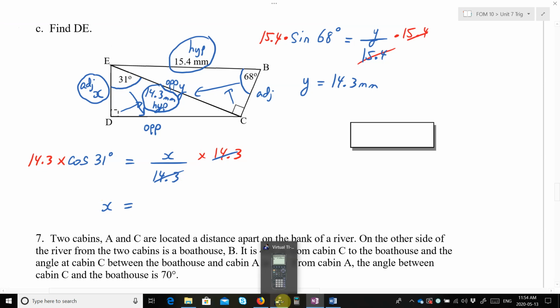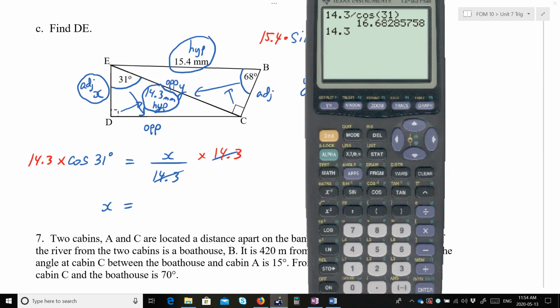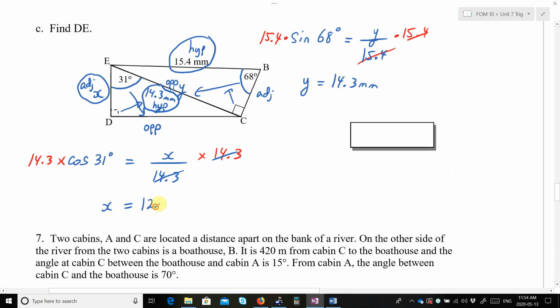So x is equal to 14.3 times cos 31, which is 12.3. And that's going to be in millimeters. Okay, so DE is equal to 12.3 millimeters.